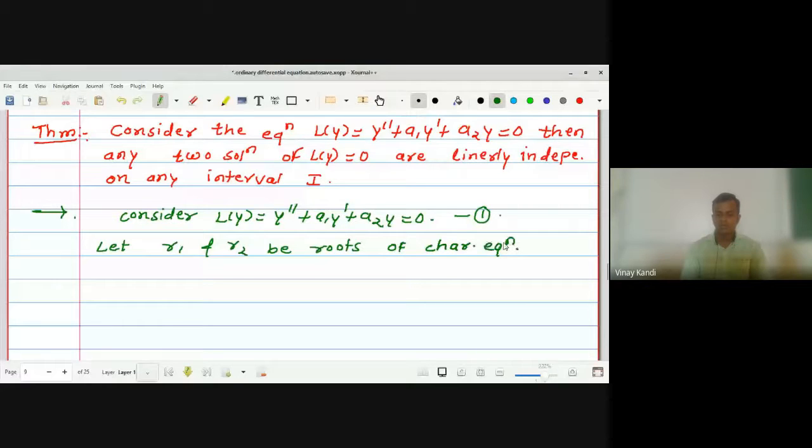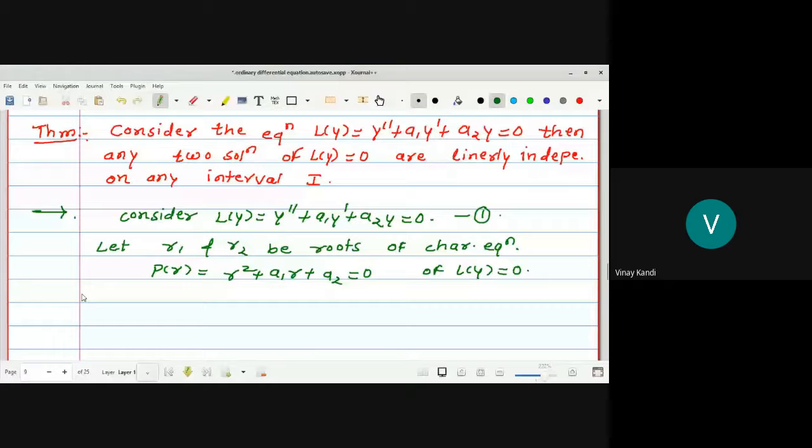The characteristic equation is P of r is equal to r square plus a1 r plus a2 is equal to 0. This is the characteristic equation of L of y is equal to 0.